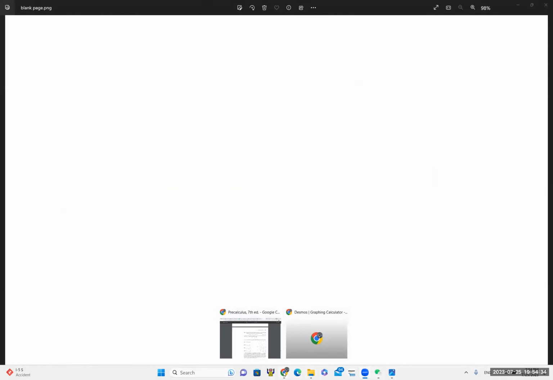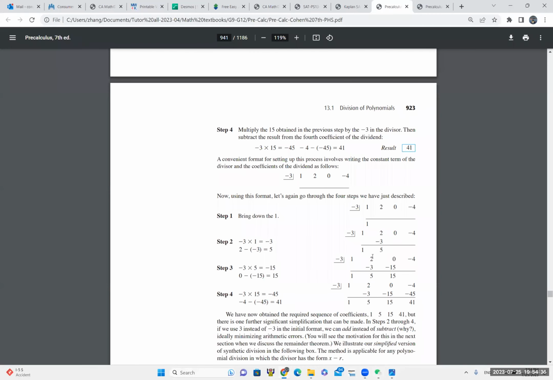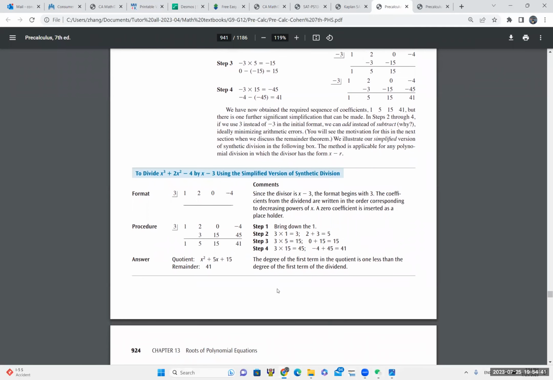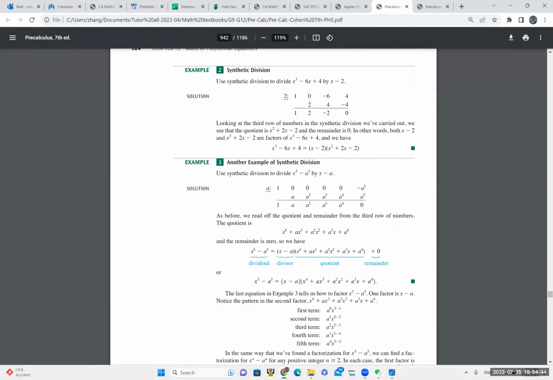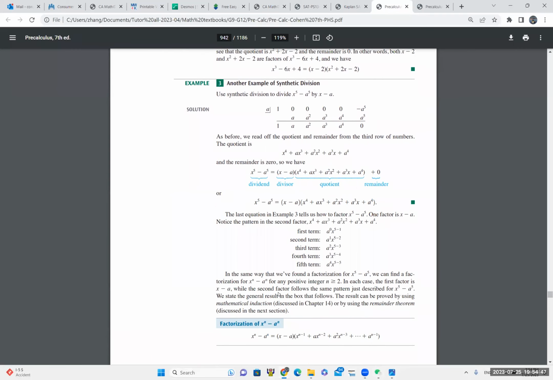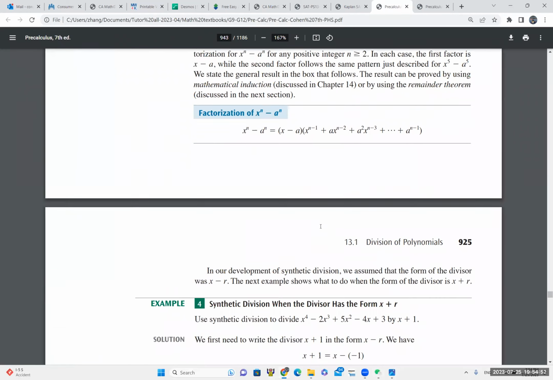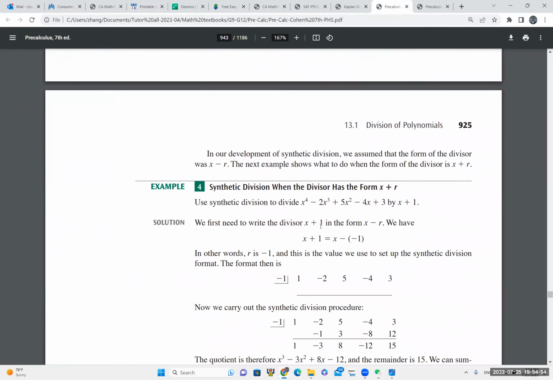Now let's go back here. Divide this by this. You can go through this example yourself later on. Factorize. When the divisor has the form x plus 1, you should think this r is negative 1.